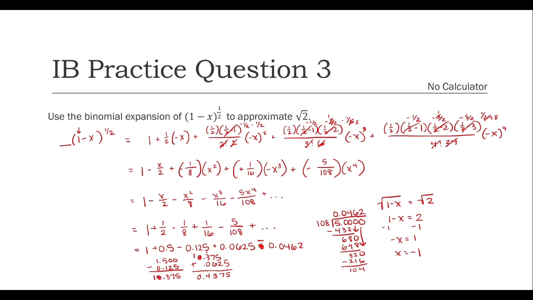So this should be 1 minus that. So it's 1.4375. So 1.4375 minus 0.0462 gives us 1.3913. So our square root of 2 is going to be approximately 1.3913. And if we check that with a calculator, it's actually 1.4142. So we're pretty close to what it actually is.